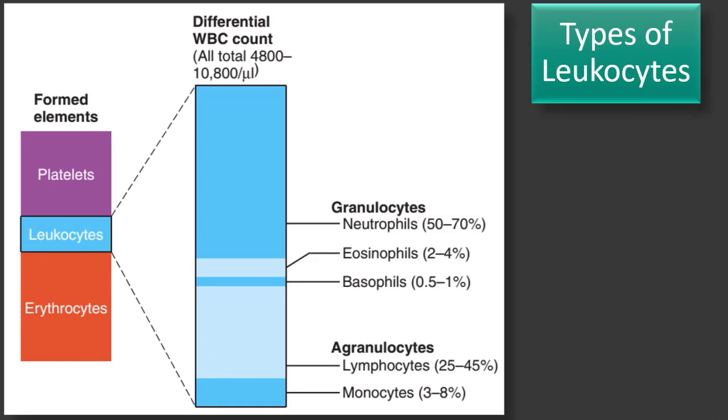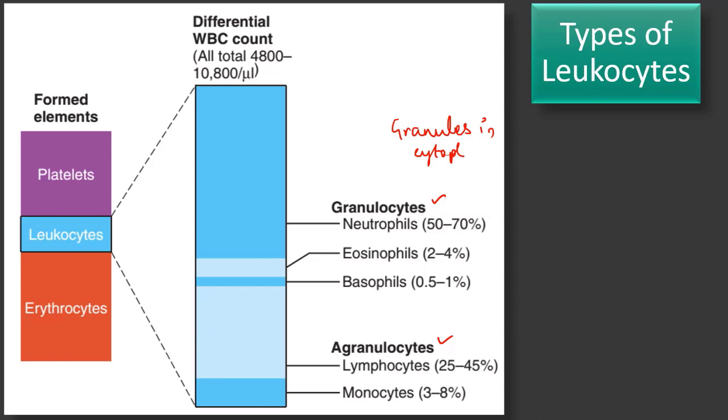Now, as we've already learned, the formed elements consist of the leukocytes, erythrocytes, and platelets. The leukocytes are of different types, and you can see here that the leukocytes consist of two major components: granulocytes and agranulocytes. These names are based on certain granules in the cytoplasm of the leukocytes.